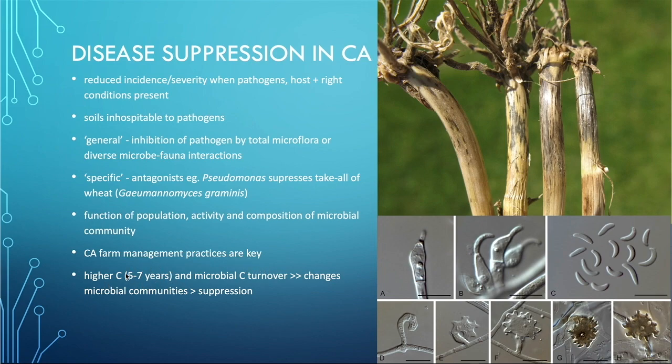For example, in studies, it's been shown that 7 years of accumulation of carbon, because obviously it's been depleted for so many years, when you put back the carbon into the system, and the microbial turnover, so how that carbon is being utilized and fed upon, changes microbial communities, and with time and with carbon accumulation, increases suppression. So that was just to show you the different benefits we gain when we conserve rather than destroy soil.